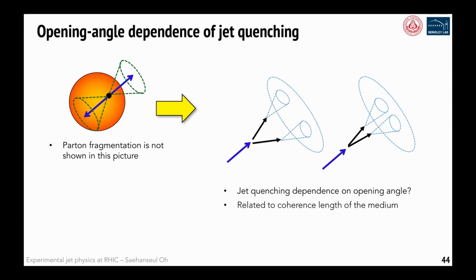But if the resolution scale is large and we cannot distinguish these two, then they should be really the same. That's why I said it is related to the resolution scale of the QGP medium, because depending on the resolution scale, the QGP medium can distinguish these two, or it may not. Okay, thank you. Now I understand this part.